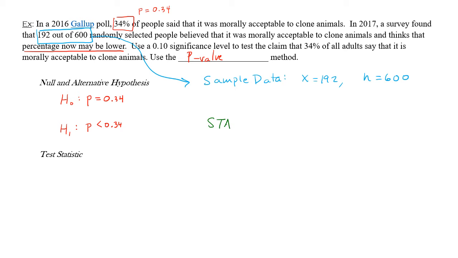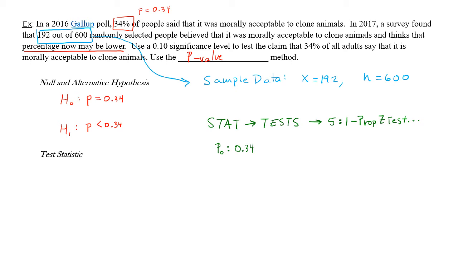So we'll go to Stat, and then scroll down to the Tests menu. The fifth one down the menu will be the one that we use, one prop z-test. This is going to have us enter a few things. First, we want to enter something for p0. That's going to be the value that we're stating here in our null hypothesis.